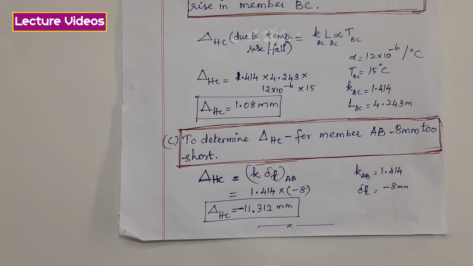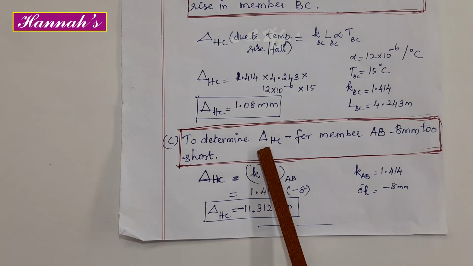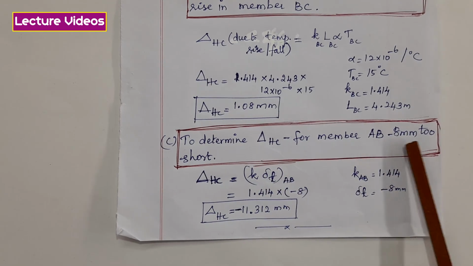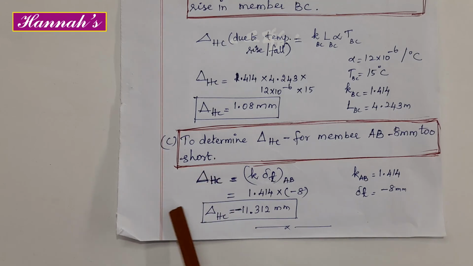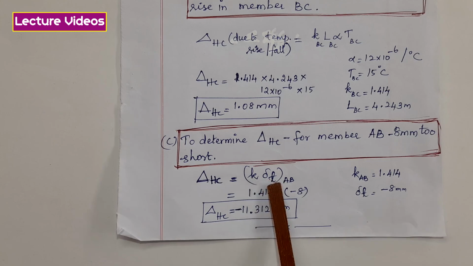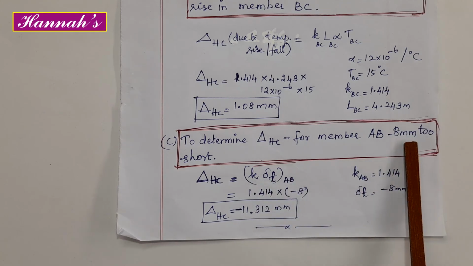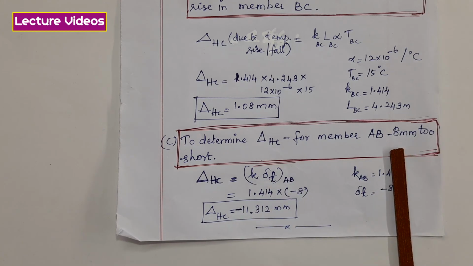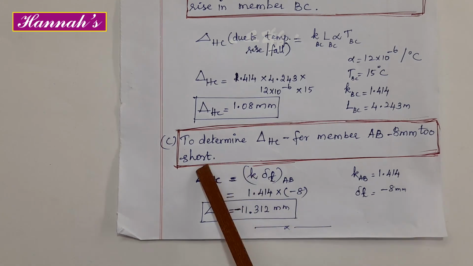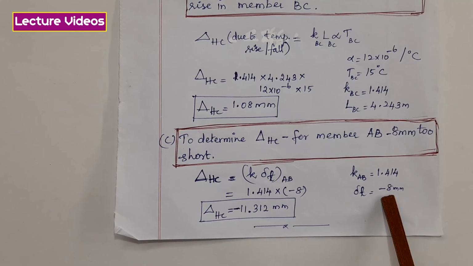Third subdivision, we were asked to determine delta HC for member AB which was 8 mm too short. Delta HC can be determined as K into delta L, where delta L is the amount of shortening or elongation in any member. If it is too short, we write it as a negative value.